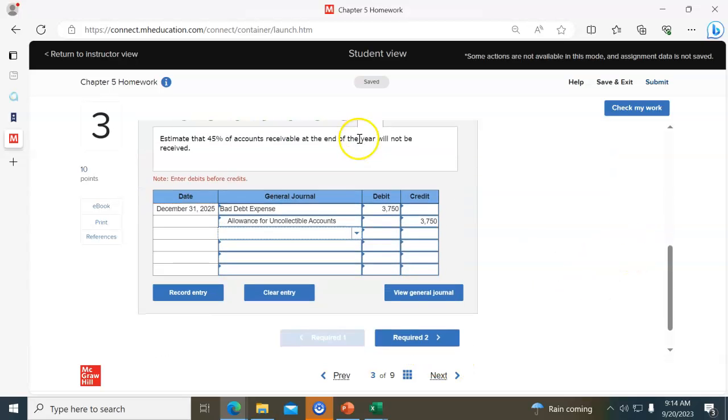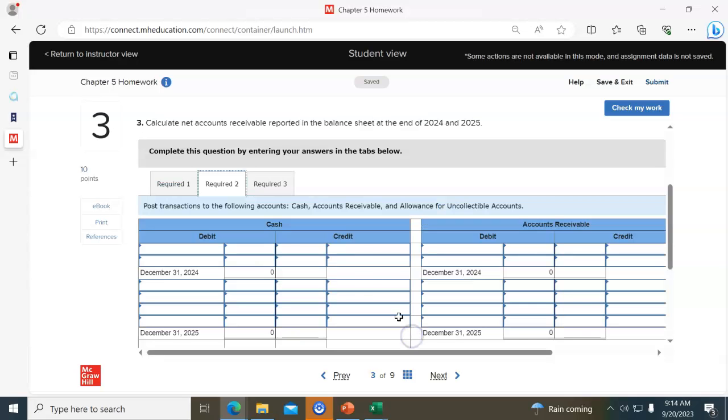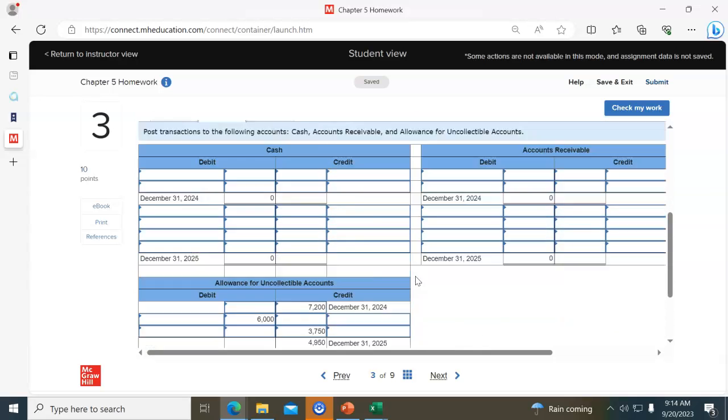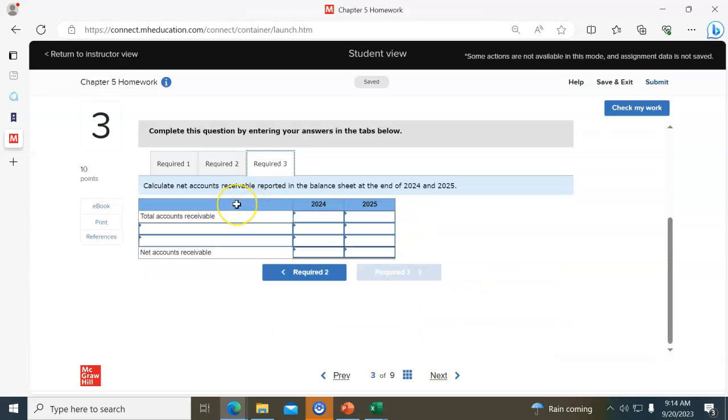After this, we then will go and take all those journal entries and post them to these accounts. Okay? Pretty straightforward. Then from there, calculate the net accounts receivable reported in the balance sheet in 2024 and 2025. You'll have your accounts receivable minus your allowance for uncollectible accounts. Okay?